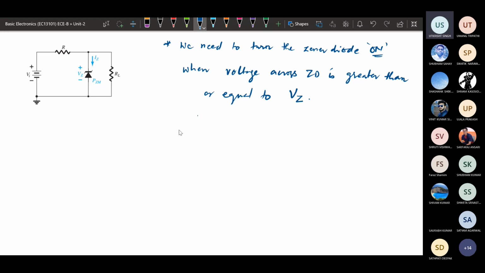So if the voltage across this Zener diode is greater than or equal to Vz, then the Zener diode will be on.